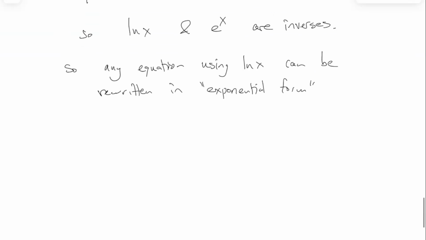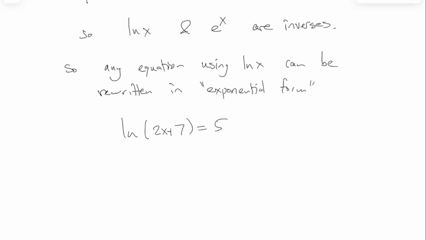What I mean is something like, if you say ln of 2x plus 7 equals 5, this would be an equation written in the logarithmic form, but I can write the same thing again using the exponential form by just writing everything the other way around, using the fact that the inverse of the ln is equal to the exponential e to the x.